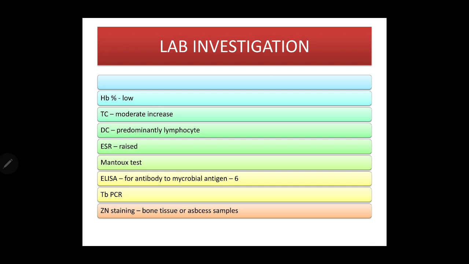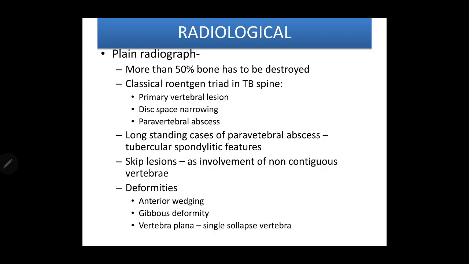And the common staining which we use is the Ziehl-Neelsen staining, from a sinus or abscess or whatever it is. And then coming to the radiological study, I think we can have it in the next class. We'll start off from the radiological study.